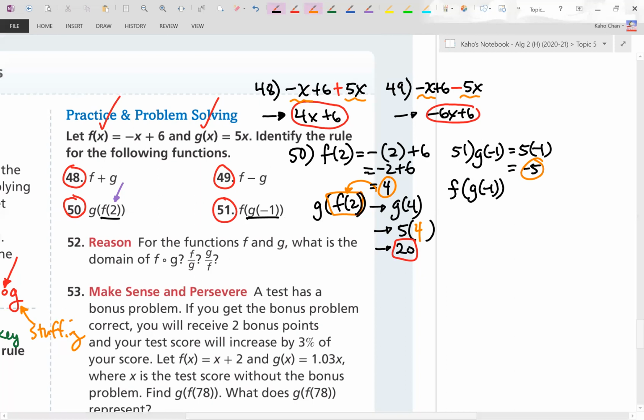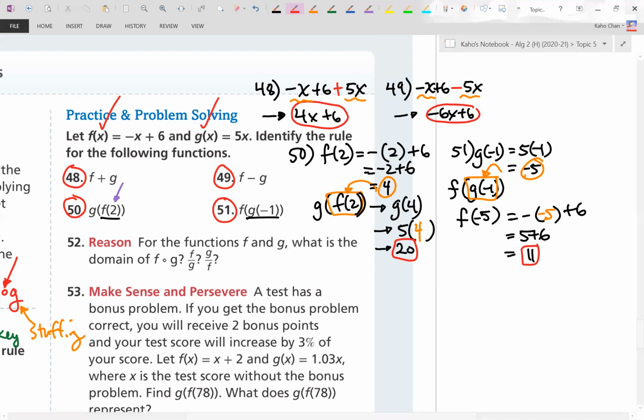We're substituting, basically. f of negative 5, let's plug negative 5 into f. f is negative x plus 6. You're putting a negative 5 right there, okay? Makes sense? Negative negative 5 is positive 5. 5 plus 6 is 11. Very good. Wow, that was pretty fast.